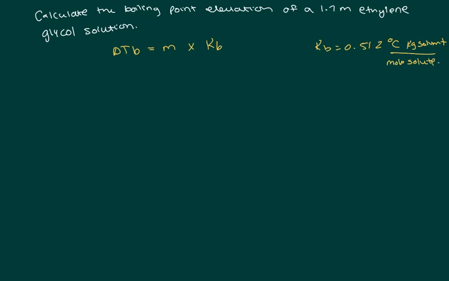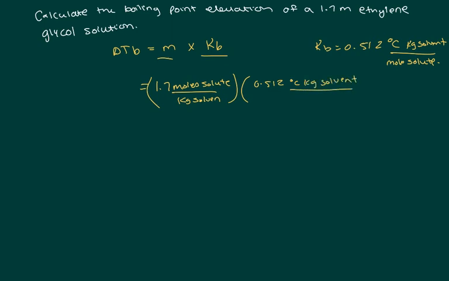Okay, so we have molality and we have Kb. So let's see what this brings us to. 1.7 molal, which is moles of solute over kilogram of solvent, times 0.512 degrees Celsius kilograms of solvent over moles of solute.